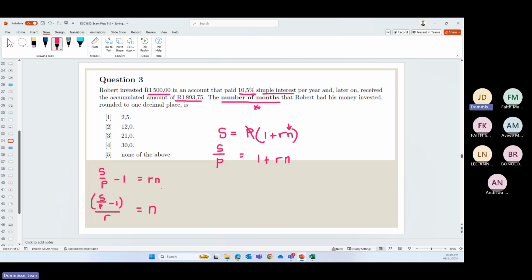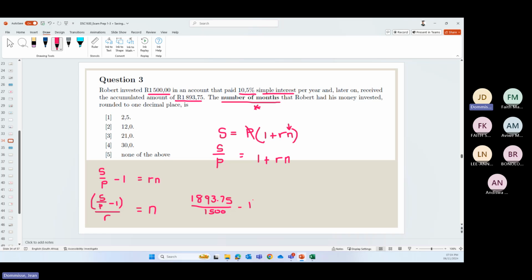Okay, so let's see. S is the future value. We've got that as 1893,75. Present value, we had that as the beginning, how much he invested. So that is 1,500.